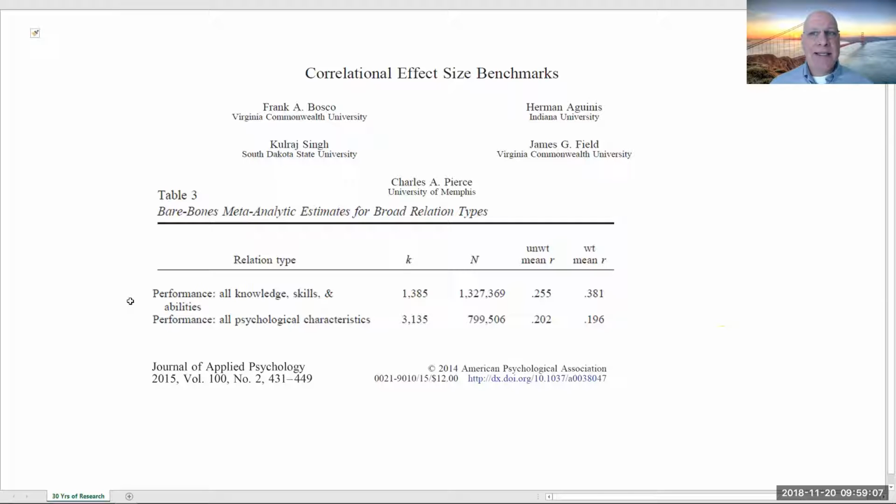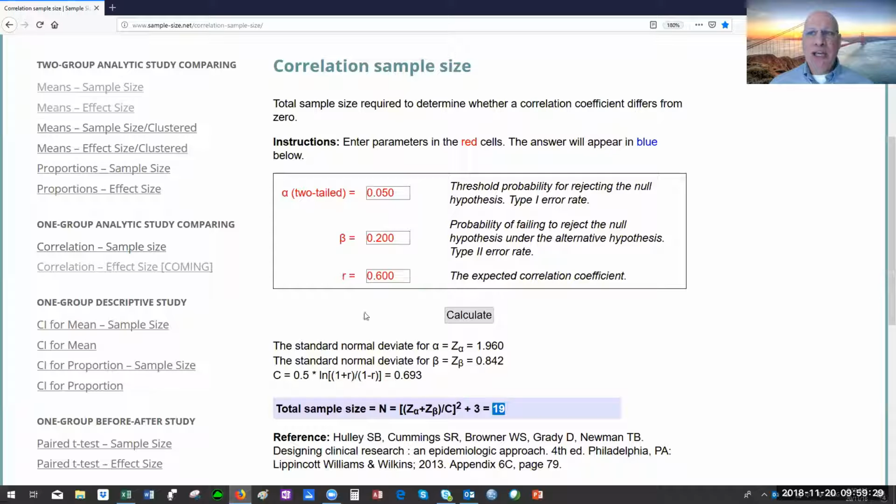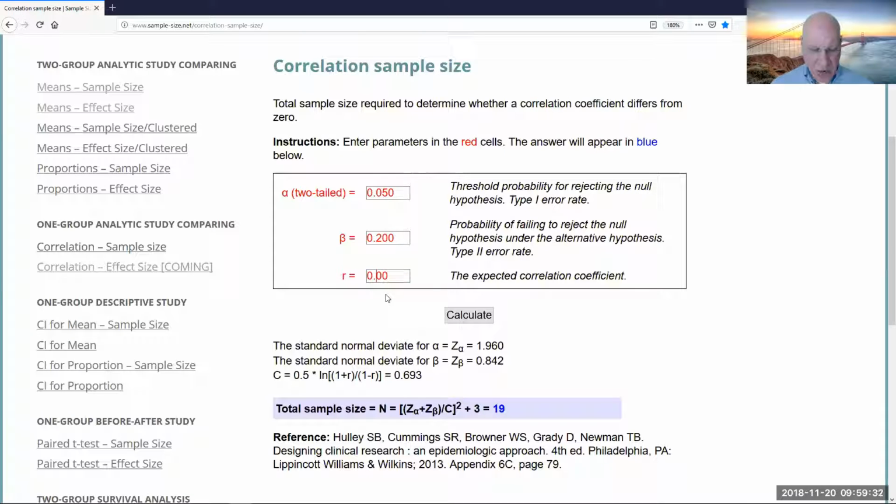They would say that assessing knowledge, skills, and abilities of people as the assessment side and correlating with performance would have about an average correlation of 0.38. Other psychological characteristics that correlate with performance would be about 0.2. And so that's where we begin with our figures for this calculator.